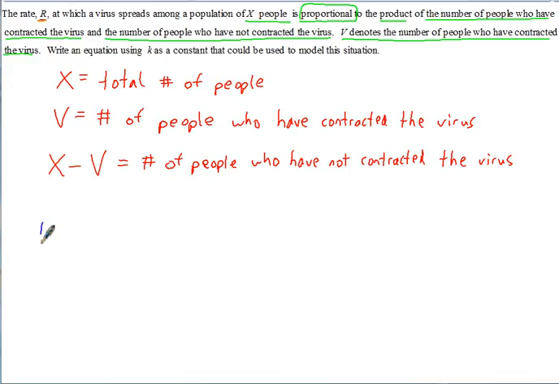So the rate R is proportional, so K. What it's proportional to is the product, meaning we're multiplying. The product is the number of people who have contracted the virus, that's V, times the number of people who have not contracted the virus, which we just figured out is X minus V. And that's all you have to do, set up an equation to model it. We're not given any other data here, so that's all we're asked to do.